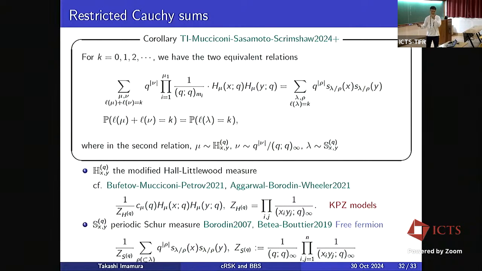And the higher spin stochastic vertex model with fusion, which is in some sense described by this type of Hall-Littlewood polynomial with geometric progression, has been studied by Bufetov, Mucciconi and Petrov, and also Aggarwal, Borodin, and Wheeler.